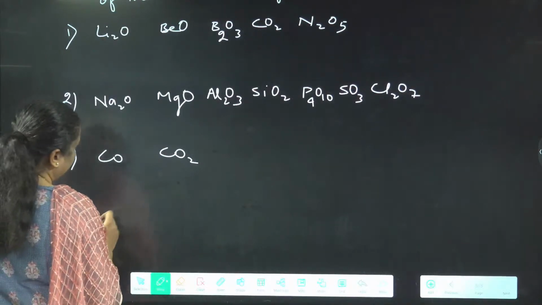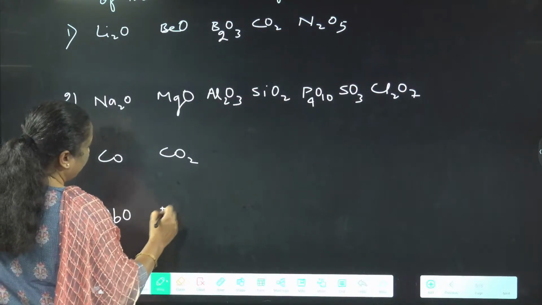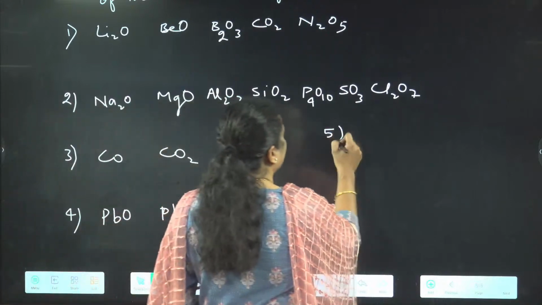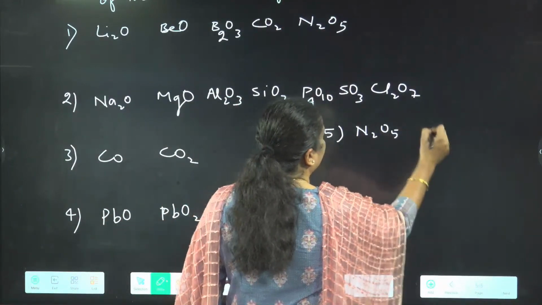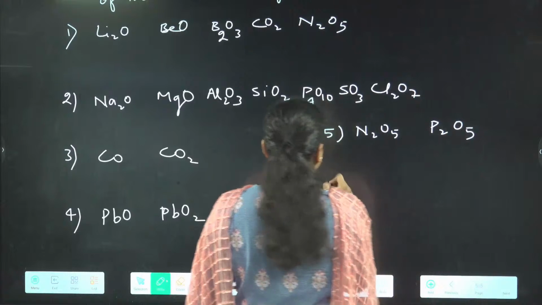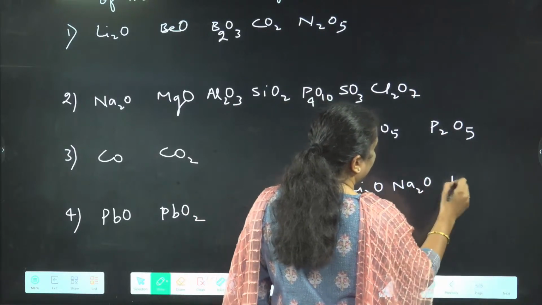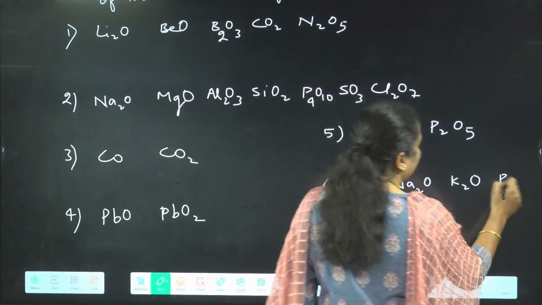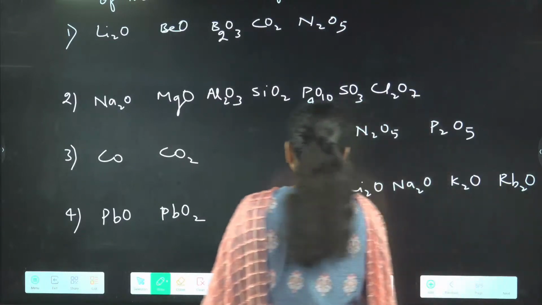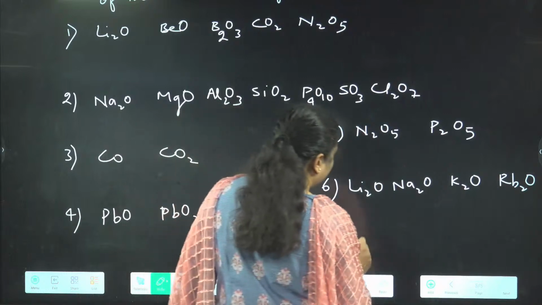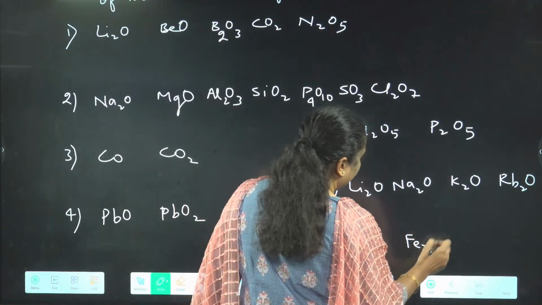Then you are having, suppose, PbO and PbO2, N2O5, P2O5, Li2O, Na2O, K2O, Rb2O. Then you can have FeO, Fe2O3.